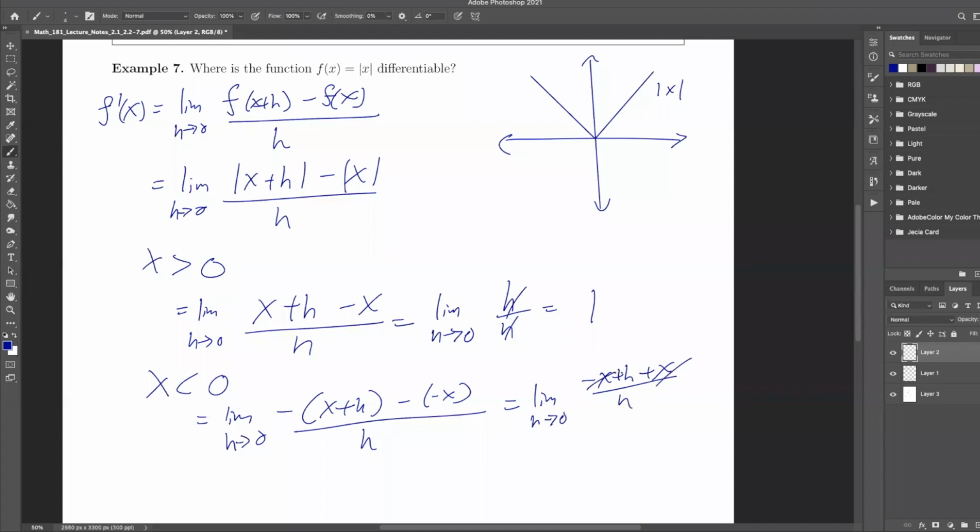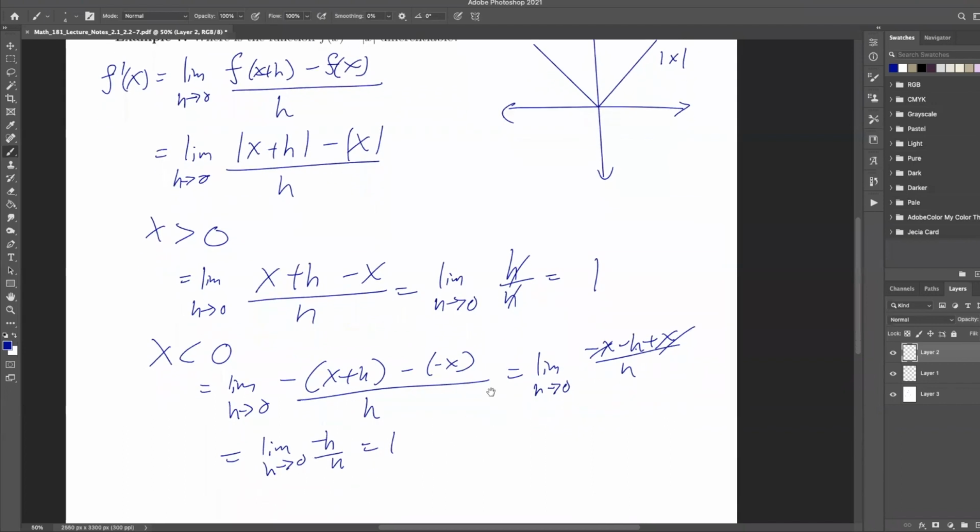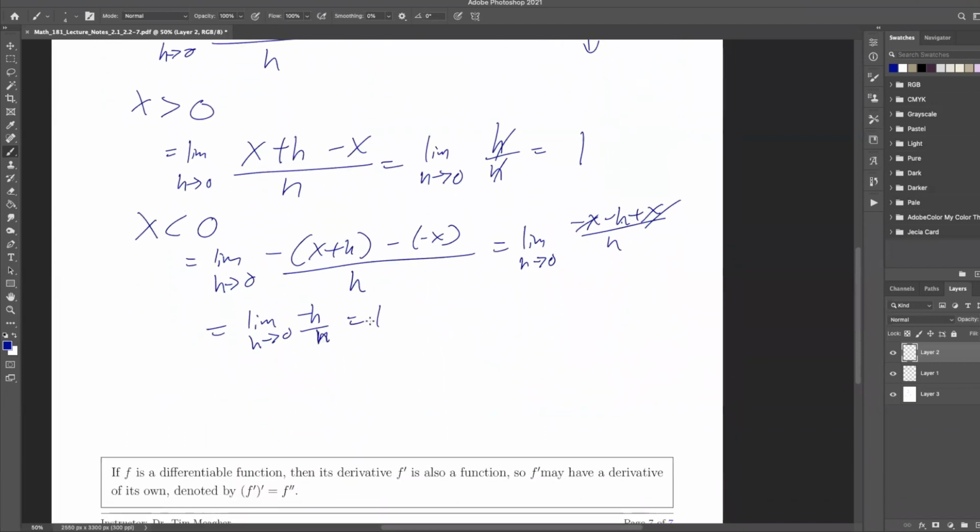That's supposed to be minus, so that's minus h. So this gives me the limit as h approaches 0 of minus h over h, and so this is equal to 1, or minus 1, sorry, because this cancels with that and just leaves the negative 1.